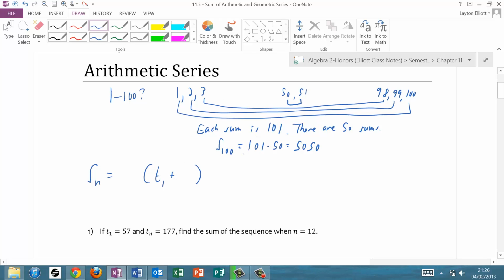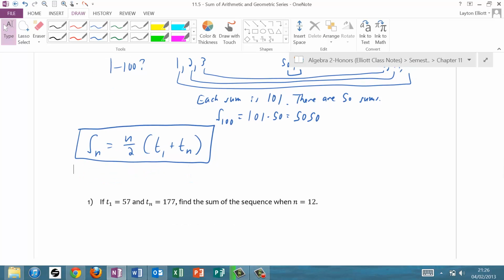In this case it was the 100th term, which was 100. We'll call that t of n. So the first term plus the last term, multiplied by the number of terms divided by 2, since they're paired. This is the third formula that you really need to memorize: S of n is equal to n over 2 times t of 1 plus t of n.